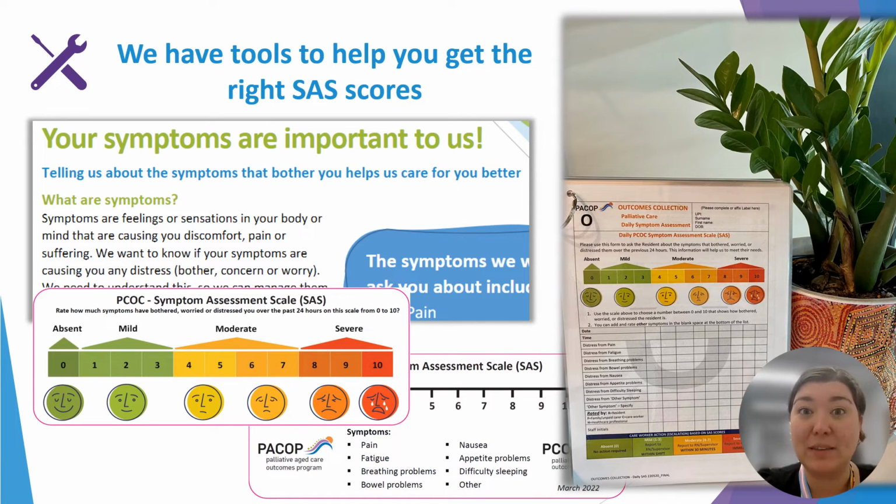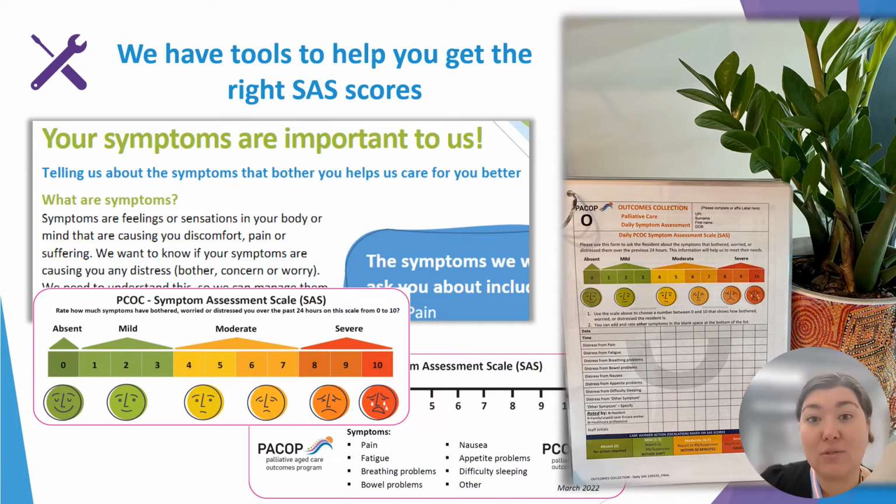So when we use the symptom assessment scale, we are assessing the distress of any particular symptom on the symptom assessment scale list over the past 24 hours. So if we have the tools that you can see there on the slide, the resident brochure, the SAS rulers that we provide to take around on medication trolleys, these tools can really help guide the conversation for us to understand from the resident's point of view how bothered they are about that particular symptom, and that symptom that we're focusing on now is nausea.